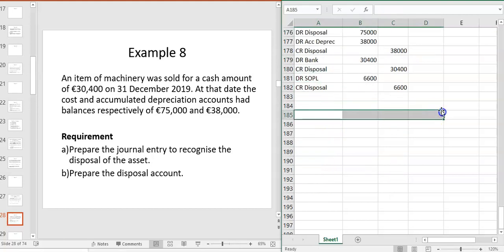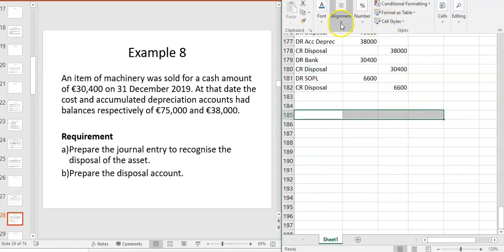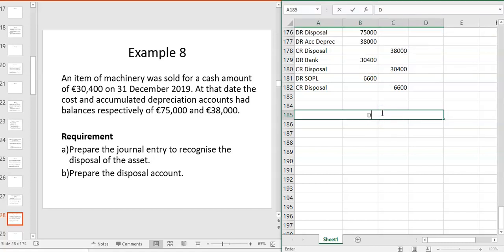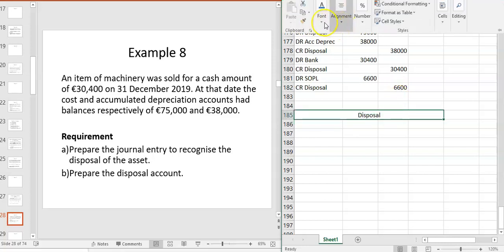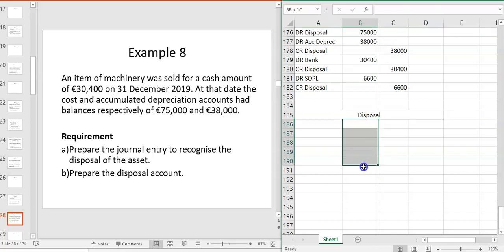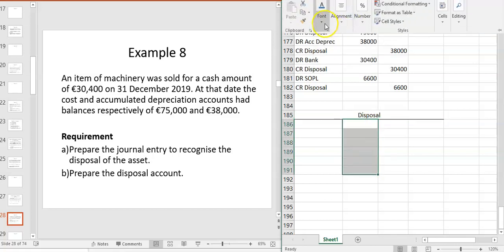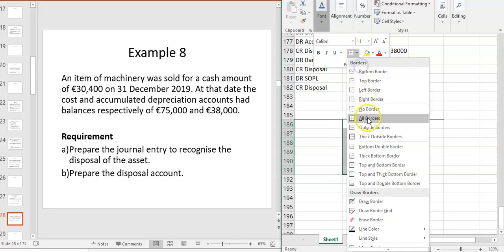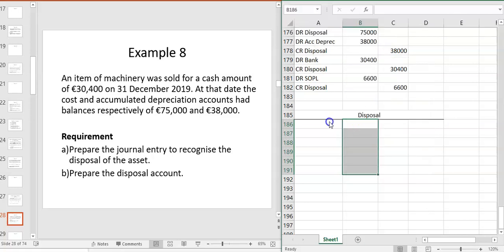So let's have a look here. Just do a disposal account for argument's sake. Disposal. And we'll underline it, I suppose. So here we have cost account.